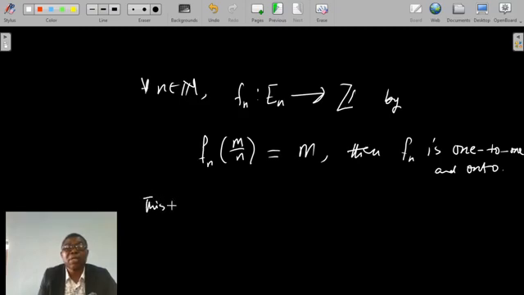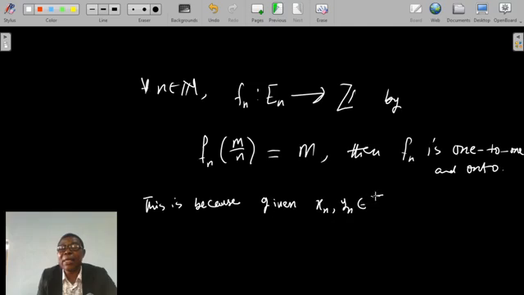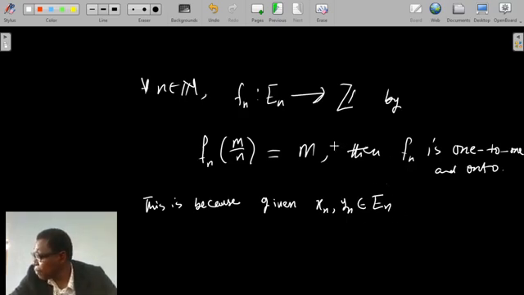This is given xn and yn in En. Please, let us know this. I'm indexing x by n because as n is varying, En is varying. So I'm trying to take them collectively so that we'll get it done at the same time.